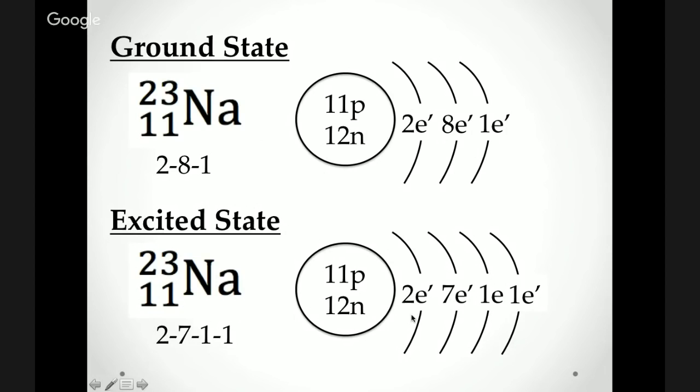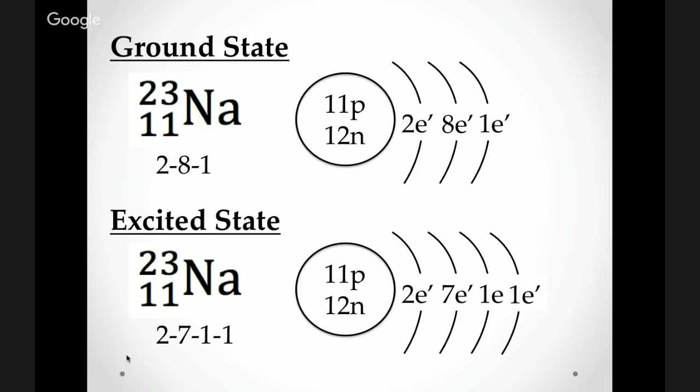What we want to also recognize is that we did not gain or lose electrons, because here we can see that we have 2 and 8 plus 1, that's 11, which, by the way, electron number equals proton number and atomic number because it's an atom. Now, if we look at the bottom excited state, we can see that something has clearly changed, because we know that the second shell can hold 8 electrons.